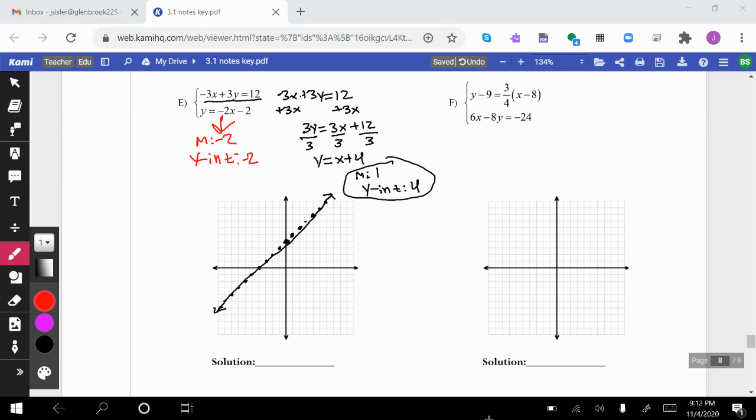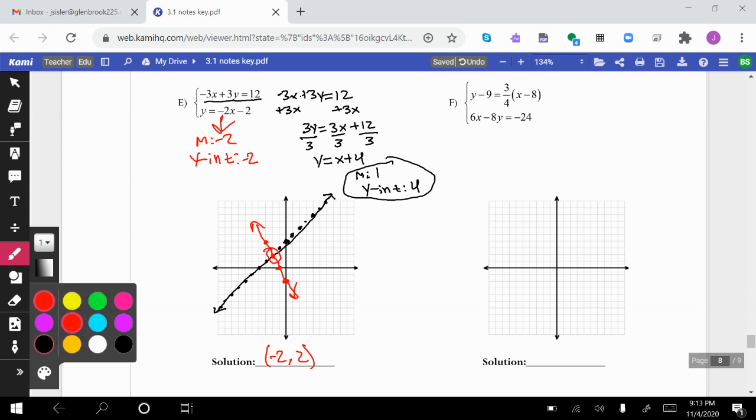So our y-intercept is at -2, and we're just going to walk our slope. We'll go up 2 over 1, up 2 over 1. I see that's where we intersect. So I'm just going to do that one more time. Connect. Here's our point of intersection at -2, 2. And there's our solution.